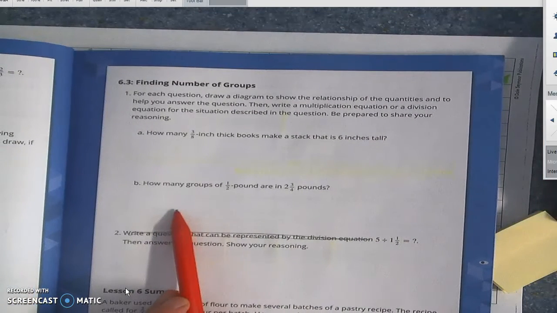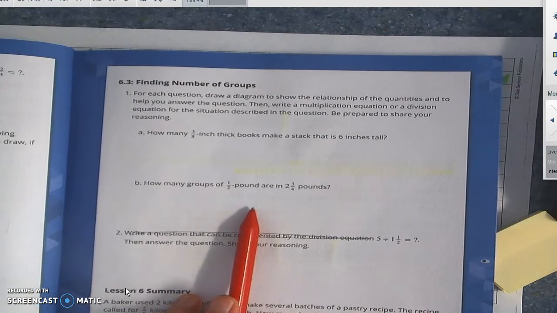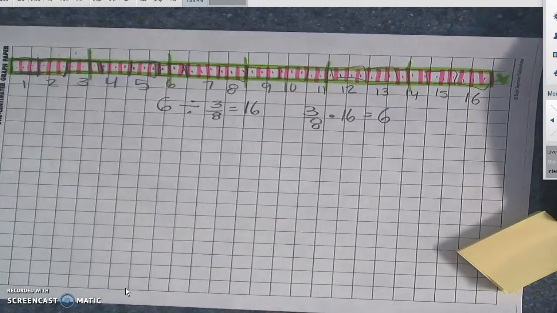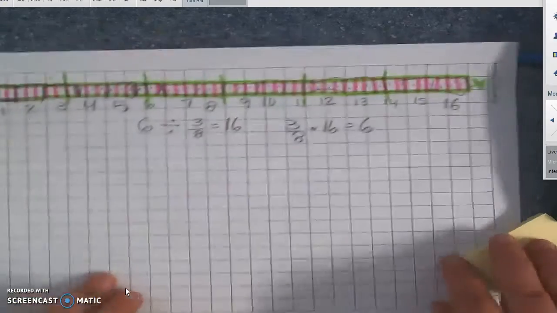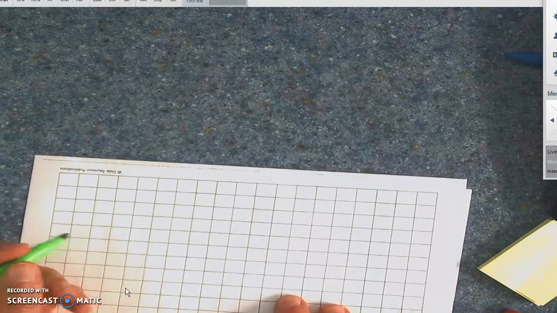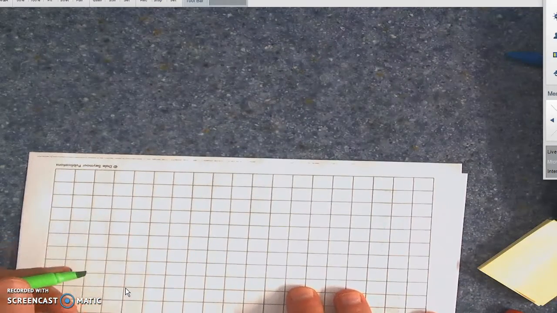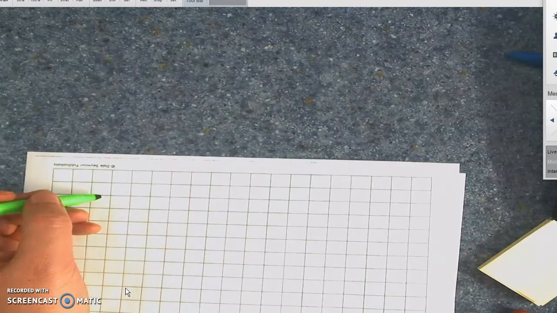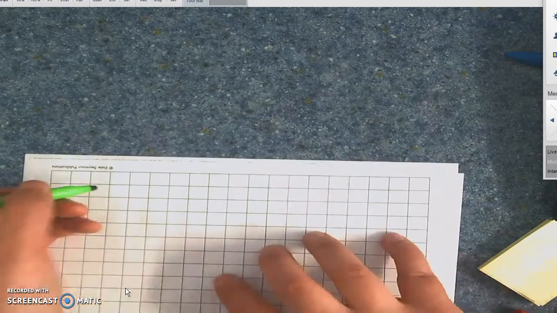Alright, so then part B, how many groups of 1/2 pound are in 2 3/4 pounds? So I want you to try that one on your own before you watch mine. So I know that I need 2 3/4 pounds, and I want it split up into fourths, so I am going to use 11 boxes.